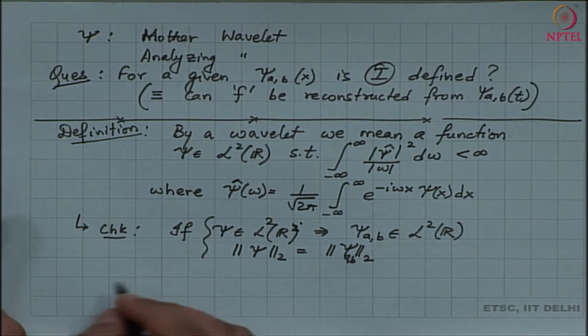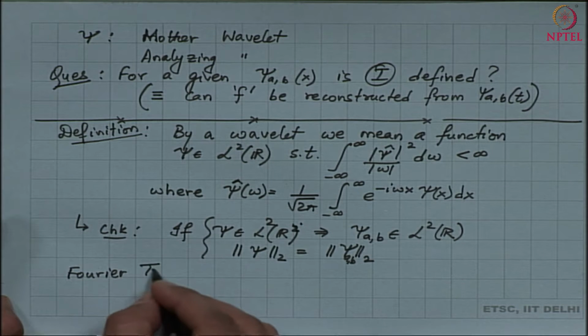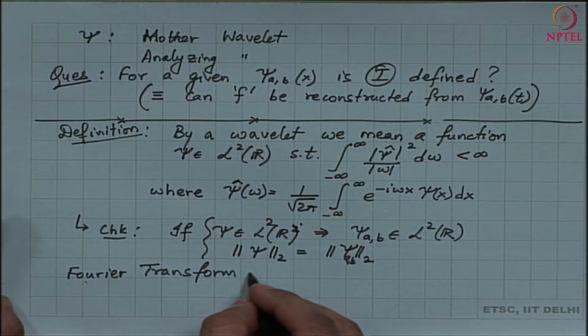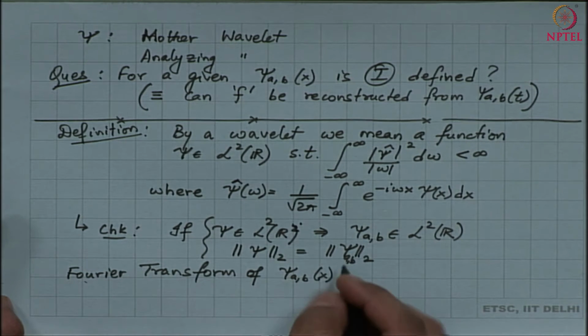Okay. So, then notice that the Fourier transform of psi a comma b of x can be found.